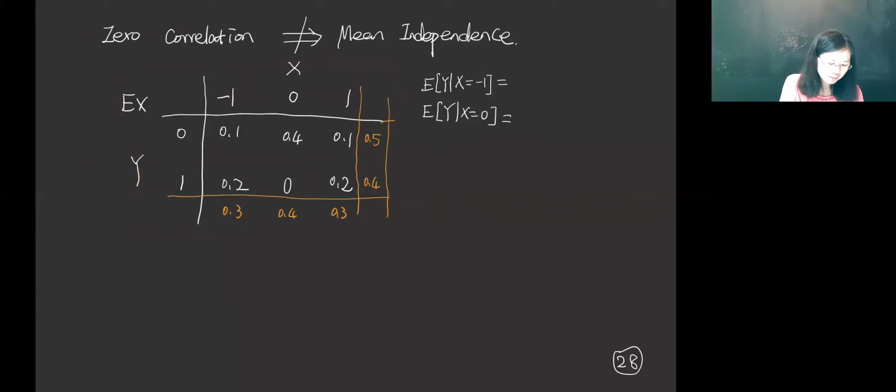Let's first demonstrate that y is not mean independent of x. To do so, let's calculate the conditional mean of y given x equals -1.